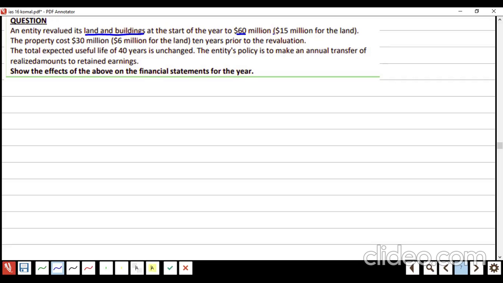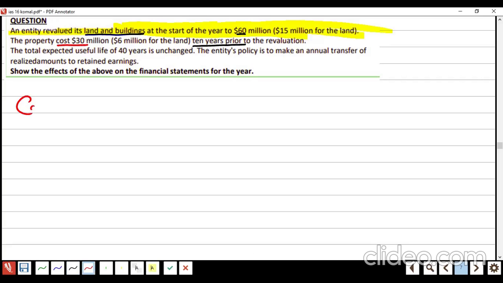What else? The entity revalued it at the start, and the market value is like that. This is a very important line: that is the start of the year and this is the valuation. Now the problem is the entity bought it 10 years before the revaluation, and they provide you the cost only.